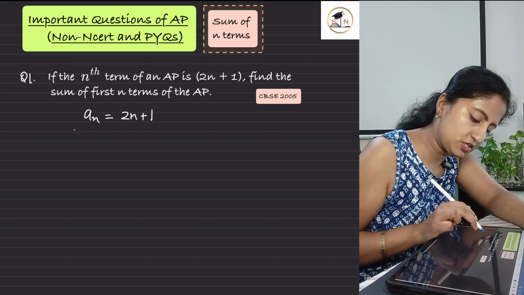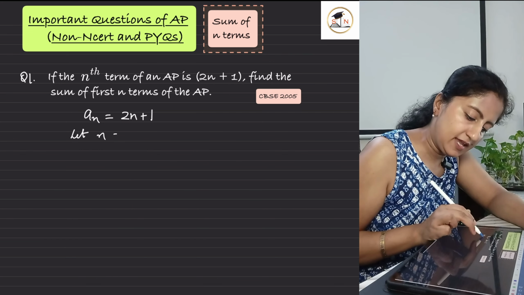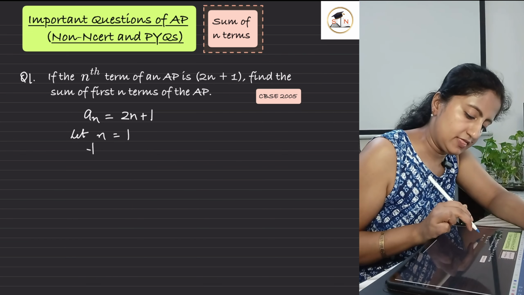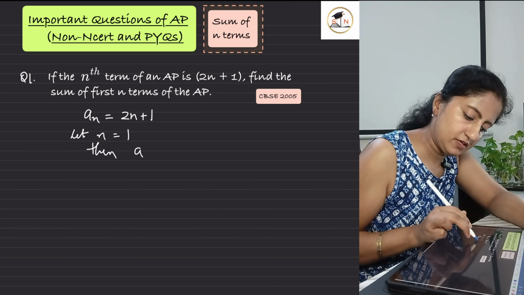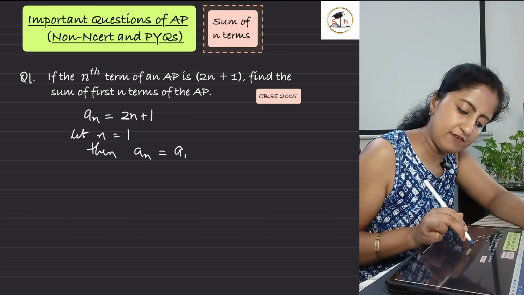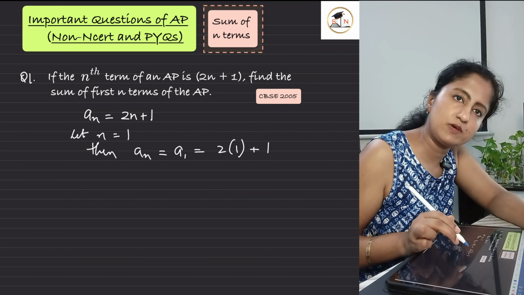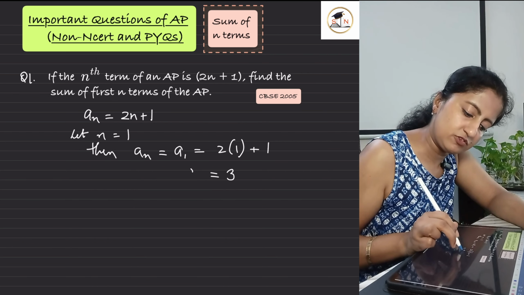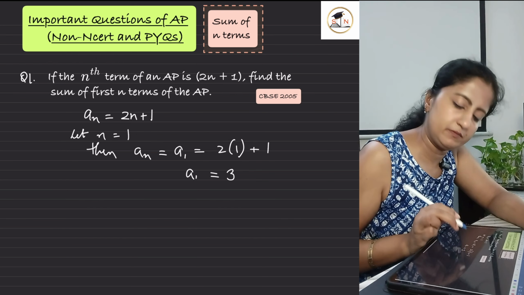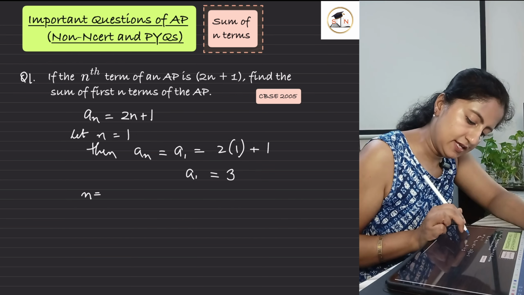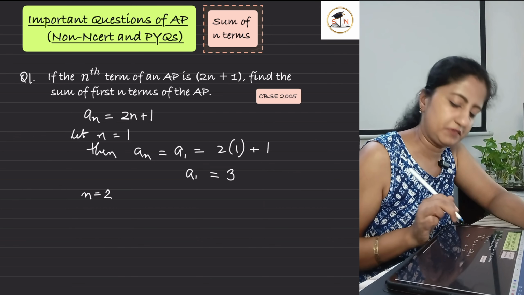Like if I substitute n as 1, then an becomes a1, which is 2 times 1 plus 1, that is 3. So a1 comes out to be 3. Now, similarly, let's substitute n as 2.